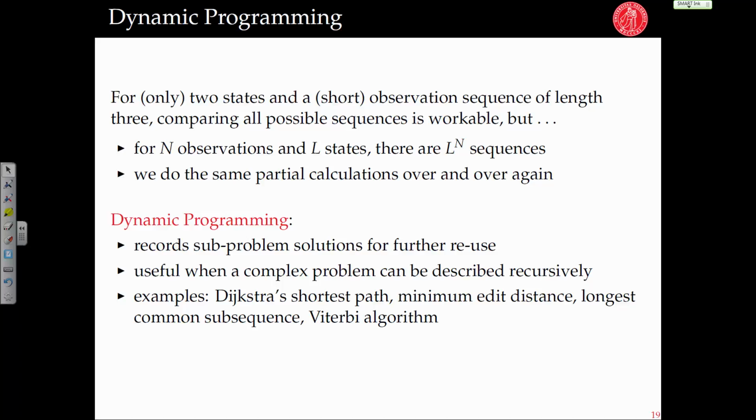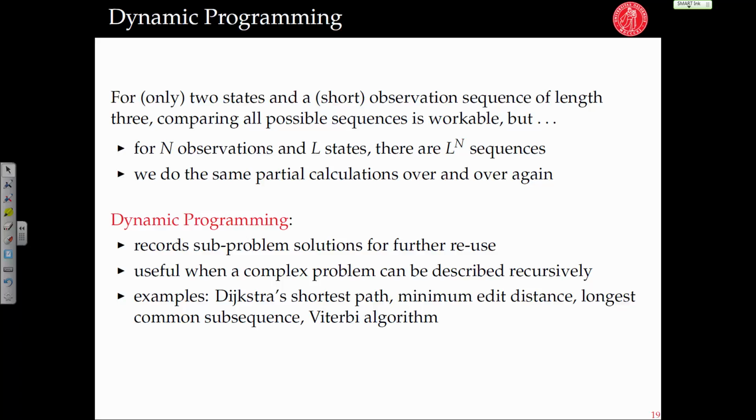So we can compute the probabilities for the common shared prefixes and then reuse them. We can clearly apply dynamic programming here to find the sequence S that maximizes the probability P of S given O.